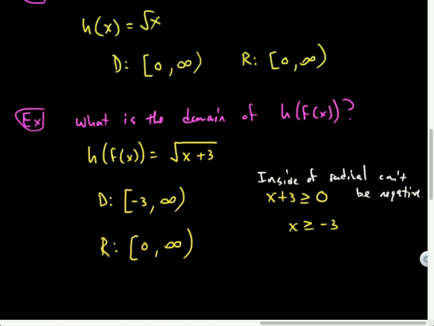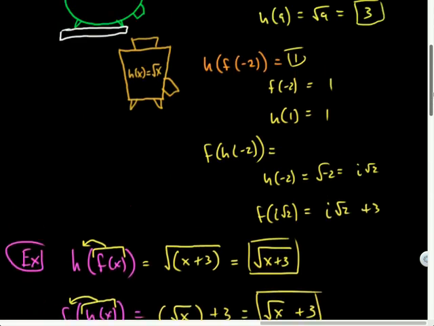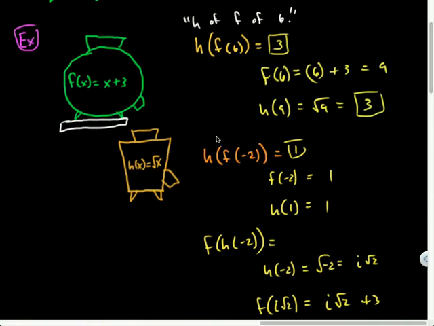Now, what I want to point out is earlier we had calculated h of f of negative 2, or h of f of 6, and I plugged in the 6 for f and then took my answer and plugged it in to h.